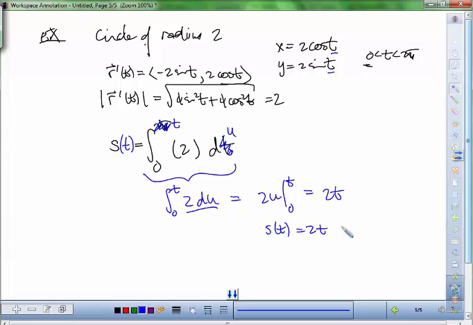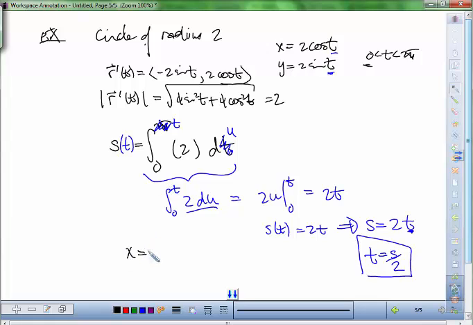And so what I really want to do is replace my t parameter with something with an s in there, right? So it'll be s over 2. So t is equal to s over 2, and now I'll replace what used to be a t.